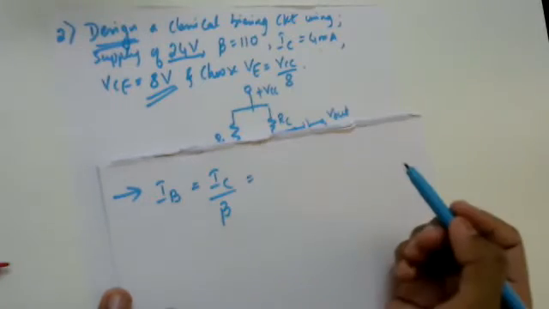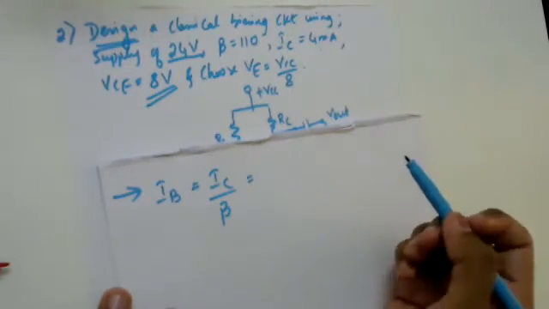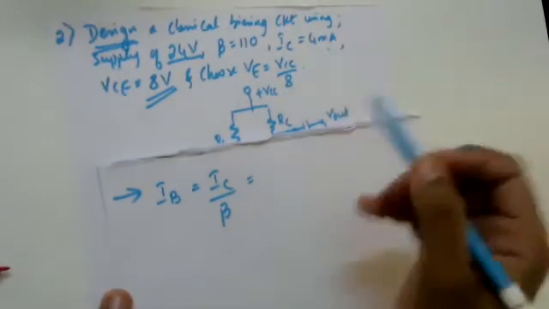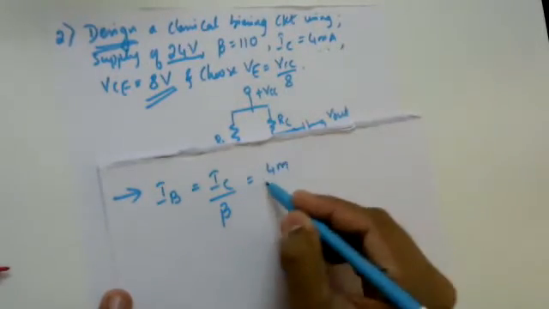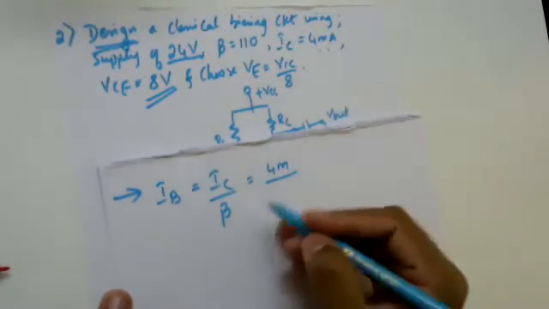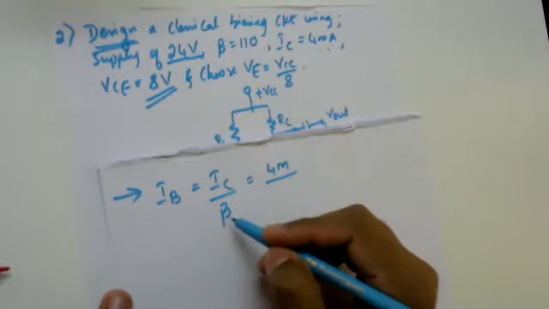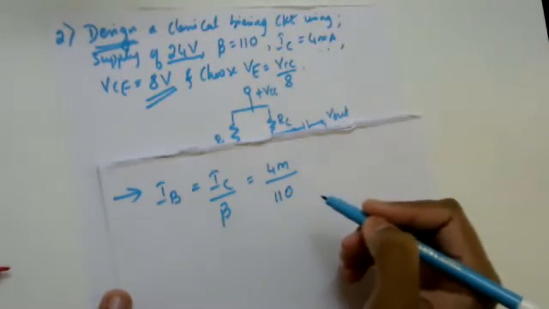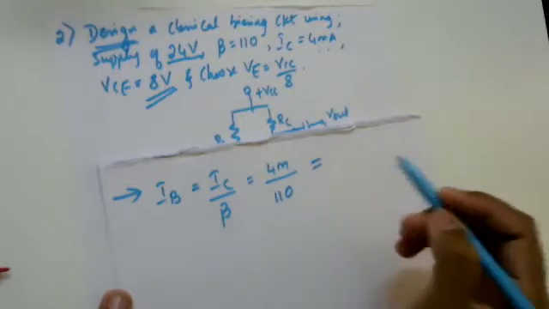Which will be equal to, what's the value of IC? The value of IC is 4 milliamps divided by the value of beta, which is defined as 110. Then what's the value of this IB now?